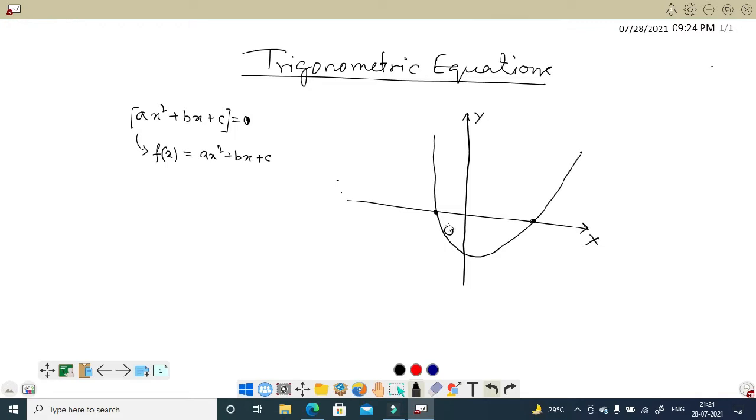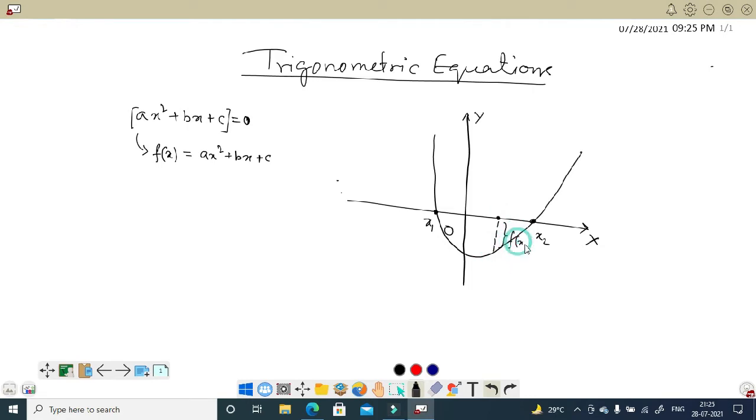So the 2 points of intersection will be the 2 roots. That means we are looking for those values of x for which the expression is becoming 0. And clearly for each point here on the x-axis, the value of the expression is given by the height or the depth at that point.